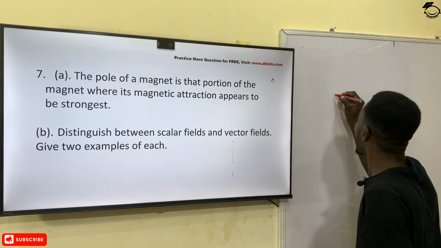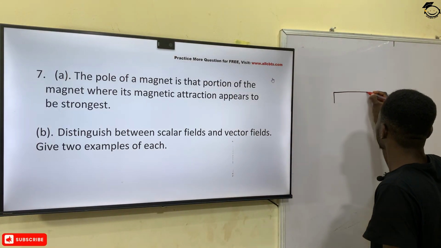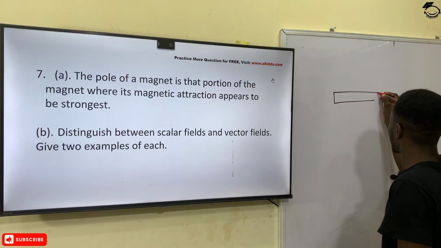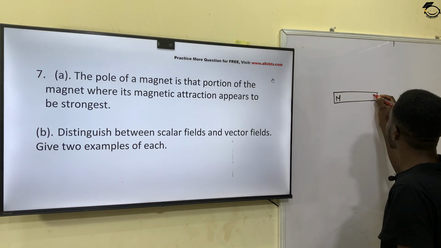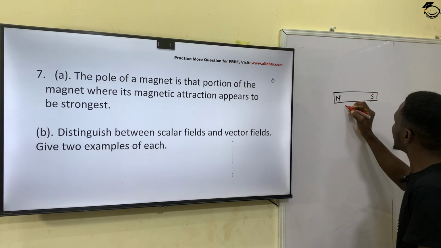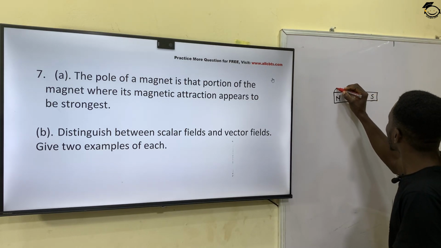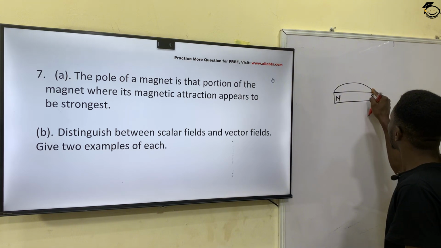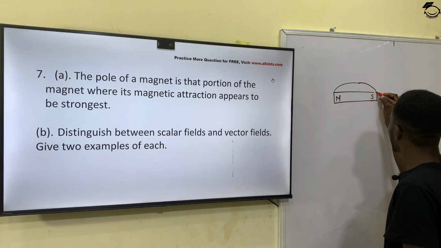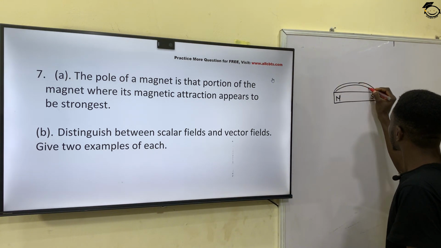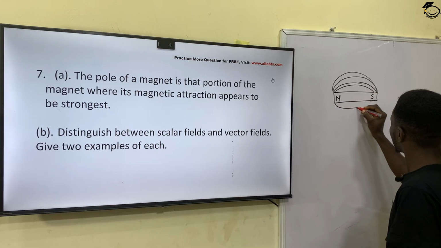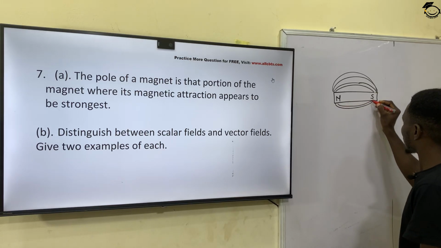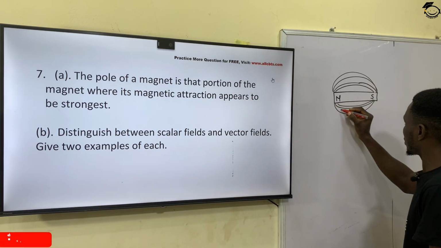So if I have a bar magnet, and I have my north pole and my south pole this way, the magnetic field is created this way. So I have my magnetic field this way.